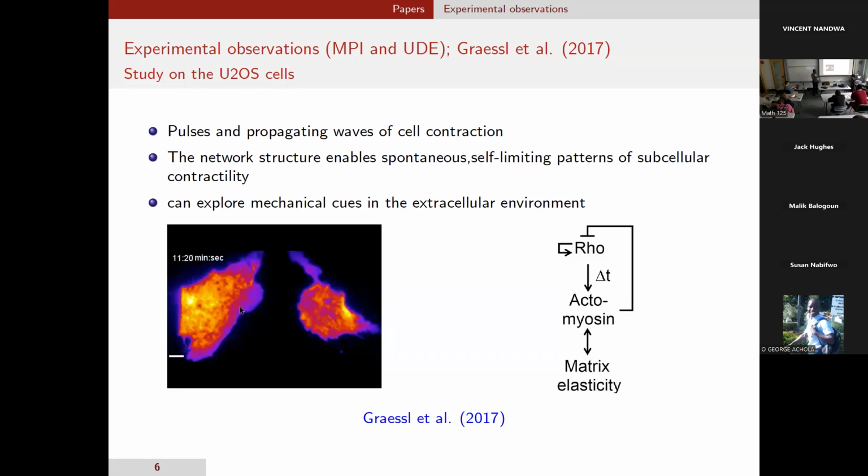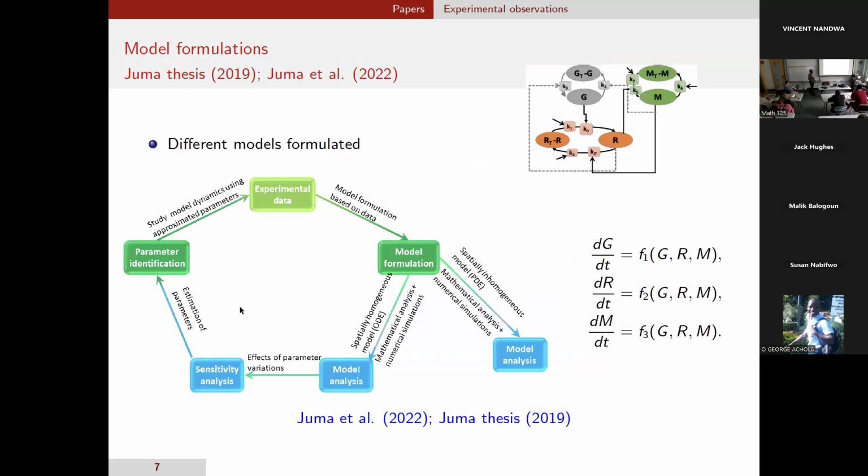Based on this, we followed up with the work in my thesis, developing a series of mathematical models to describe these dynamics. If you look at the previous network, we have three components: the GEF, Rho, and myosin. Each exists in either an active or an inactive form, so we can form six-species mathematical models.